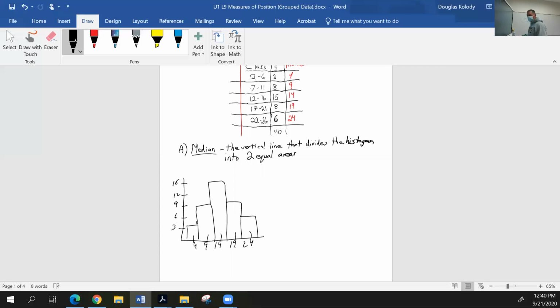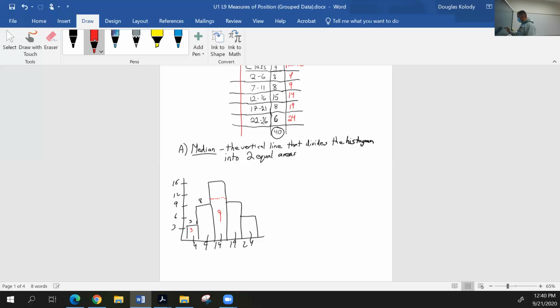We want to find the median. Now, I see that there are 40 pieces of data, so half of 40 is 20. I know that there are 3 pieces of data here and 8 pieces of data here. 8 plus 3 is 11. So 11 plus what gets me to 20? 11 plus 9. So if I were to draw a value right there, those are 9 pieces right there.